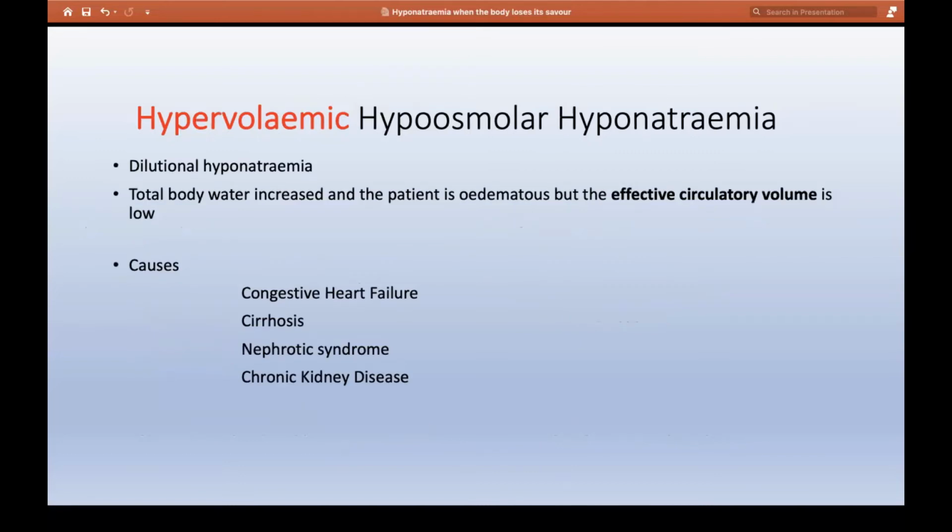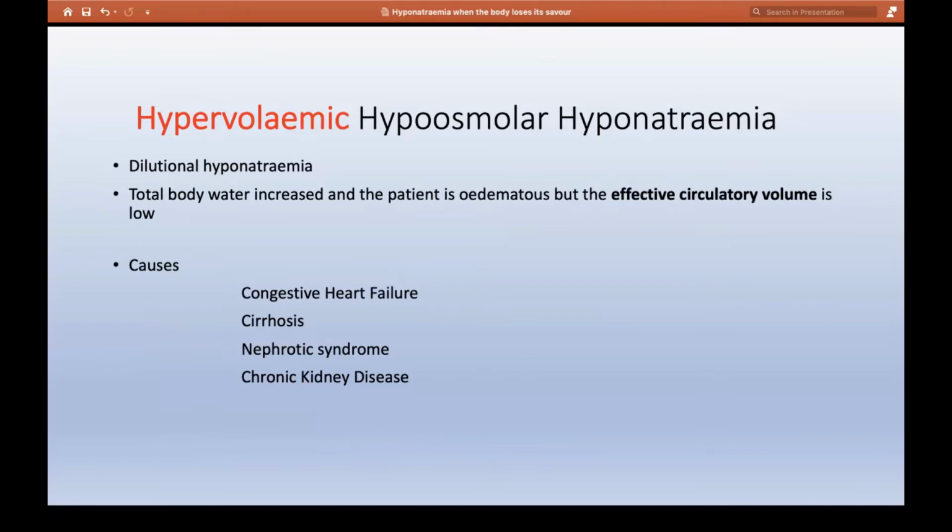We come to hypervolemic causes of hyposmolar hyponatremia. This is more because of dilutional hyponatremia. So there is ineffective circulatory volume in these patients. Why?